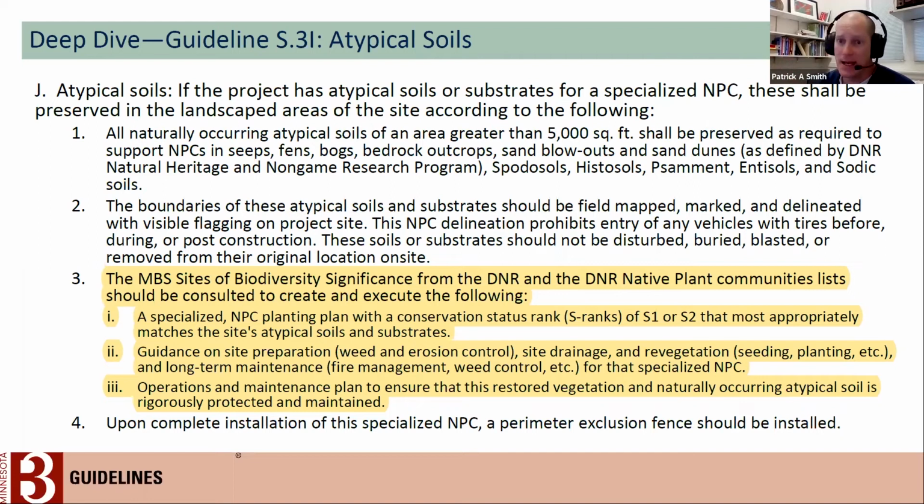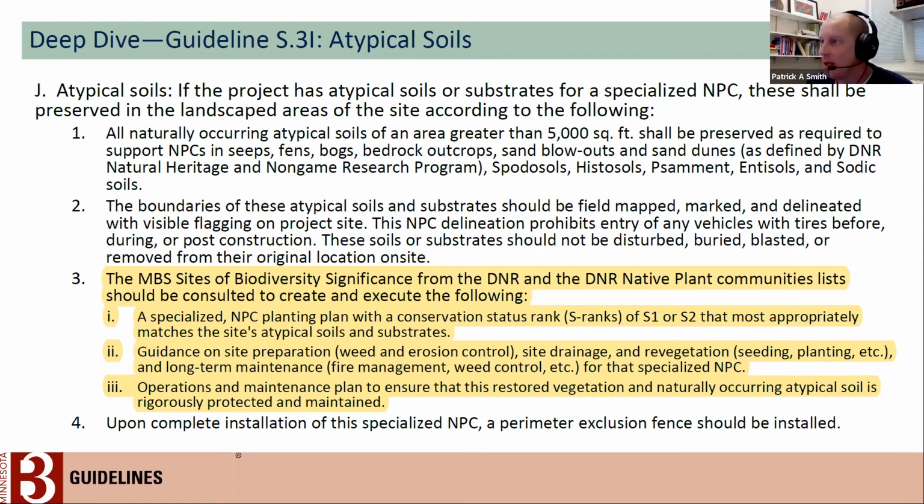Another piece here is the native plant community lists. This clarifies the planting lists if you have atypical soils present on the site, atypical soils for a native plant community.